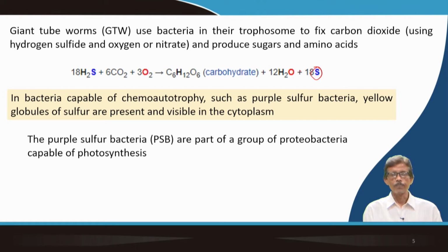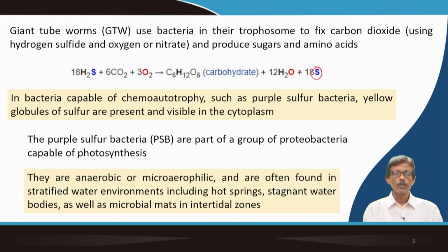So, PSB is abbreviated as purple sulfur bacteria. They are part of the group of proteobacteria capable of doing photosynthesis type of activity like cyanobacteria. But they are anaerobic in nature, they do not require oxygen, they are microaerophilic, and they are often found in stratified water environments, such as contaminated water from a hot spring or from industry, or stagnant, rotten water bodies, as well as microbial mats in intertidal zones.